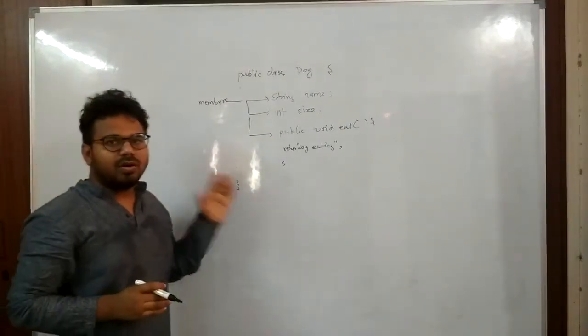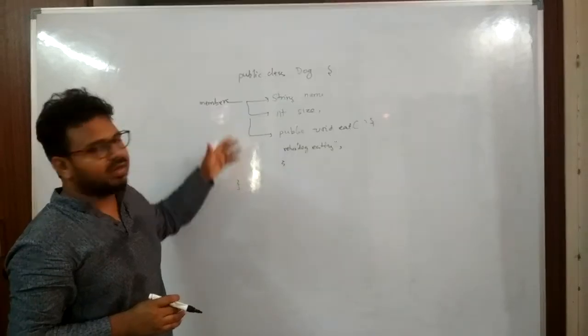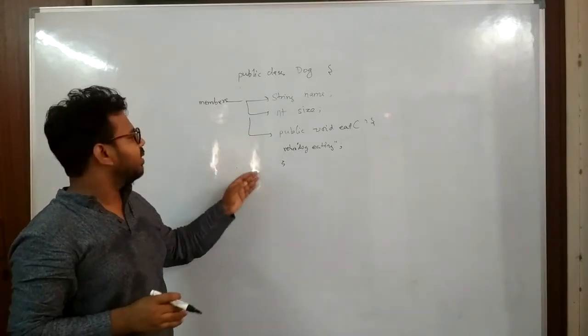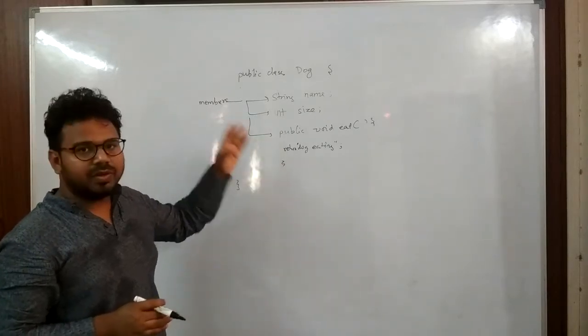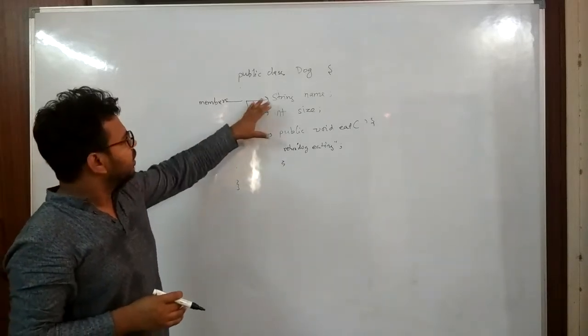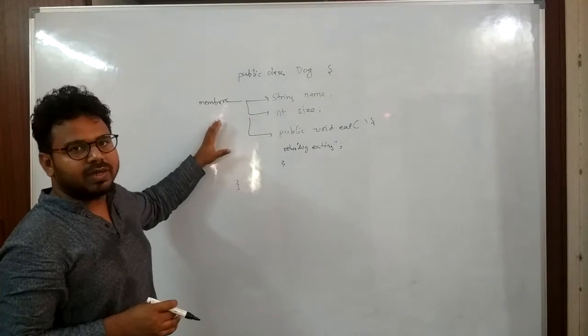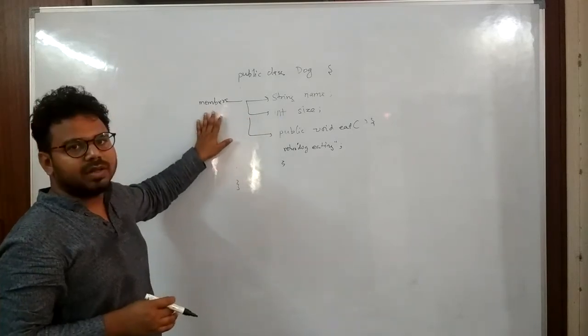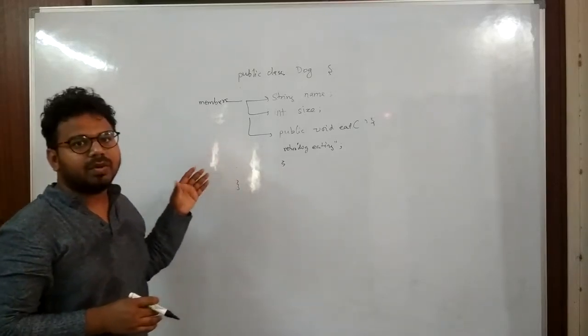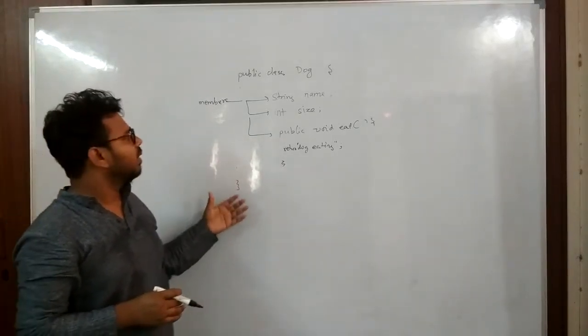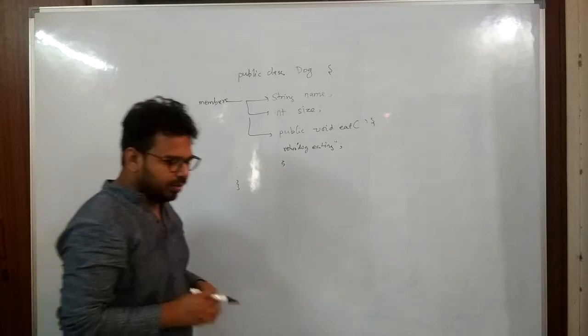All the variables and all the methods defined in a class, whether static or non-static, which we will cover later, are called data members, or simply members.